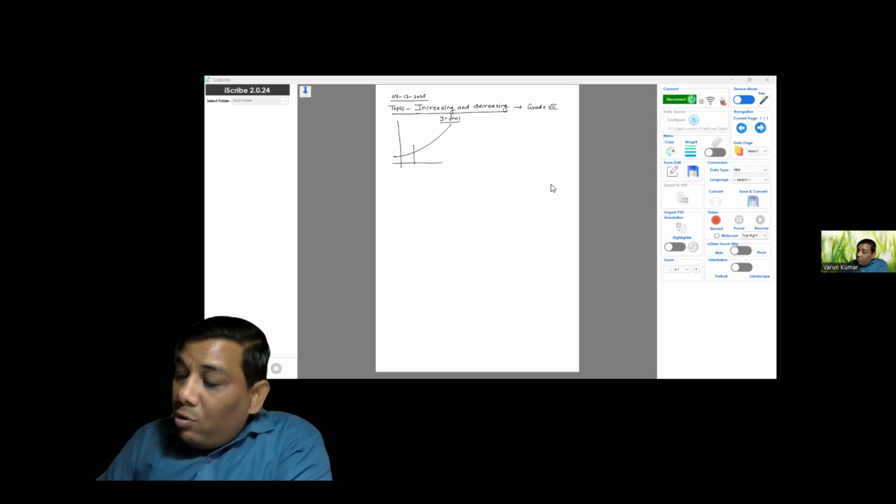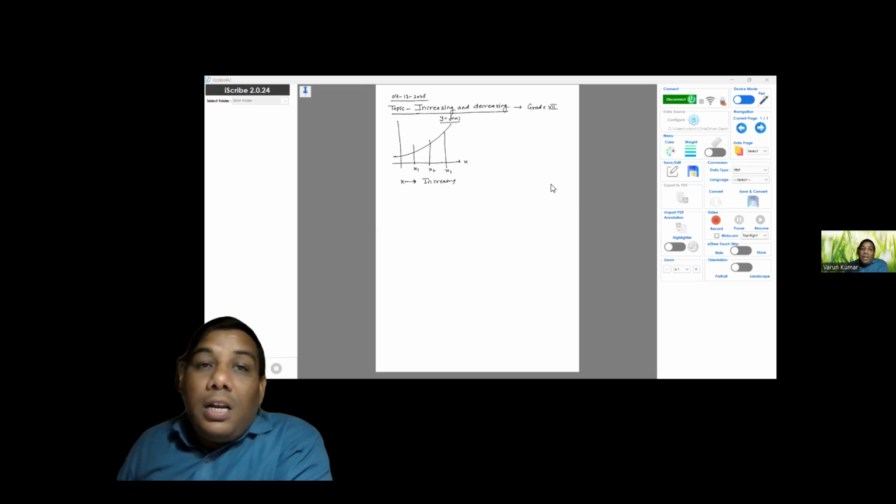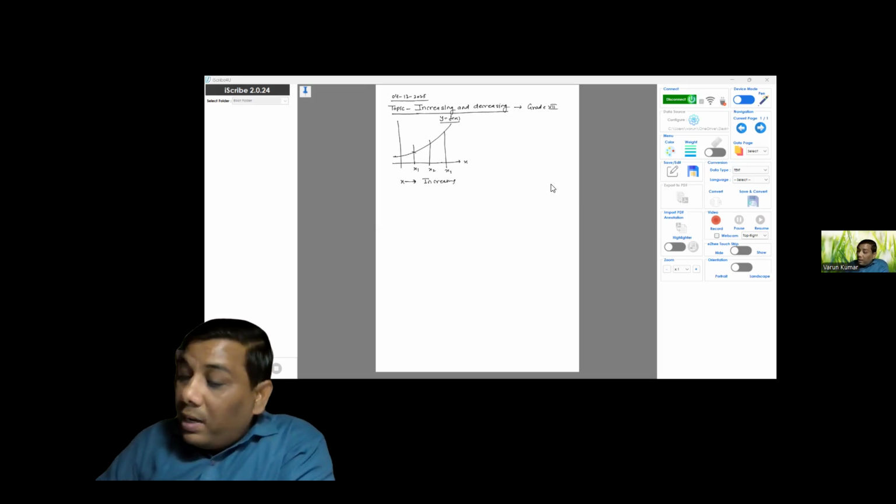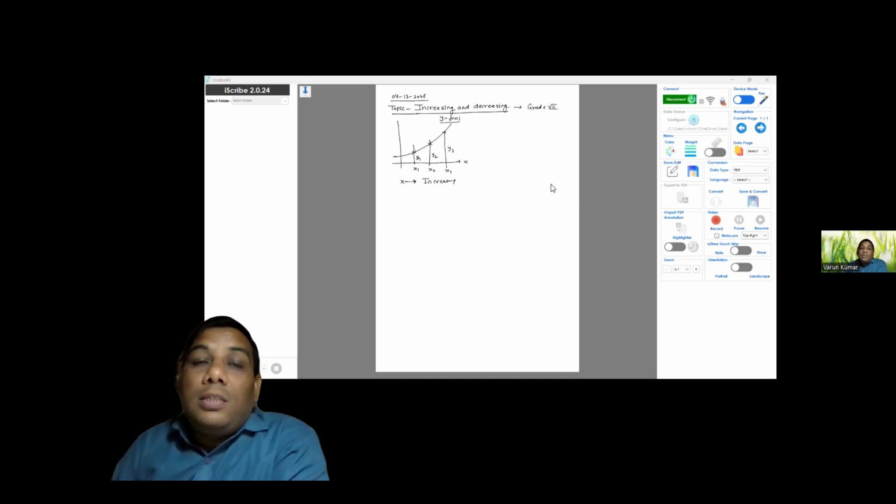Here the value of x is x1, the value of x is x2, the value of x is x3. Means as soon as x is increasing, then the corresponding values of y are y1, y2, y3.